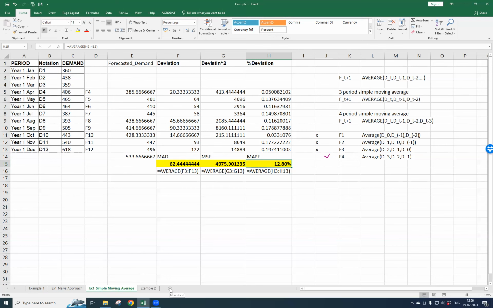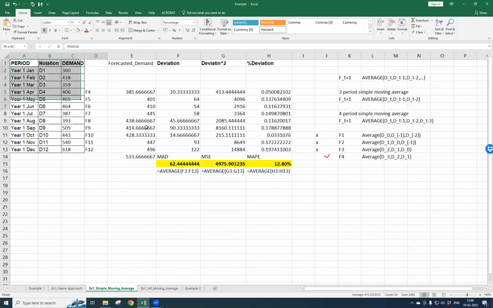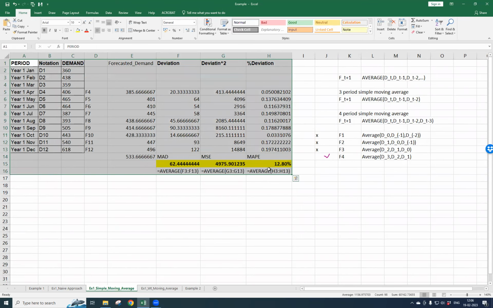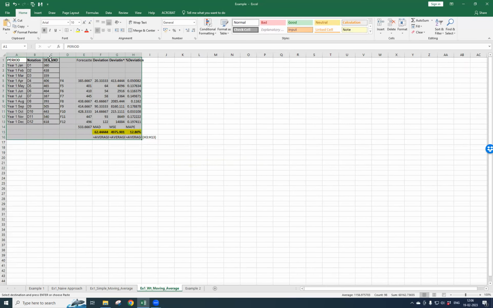Now, let me try to see how I can calculate, instead of a simple moving average, a weighted moving average. In the weighted moving average, let me first copy all these values over here. These are the values that we have.